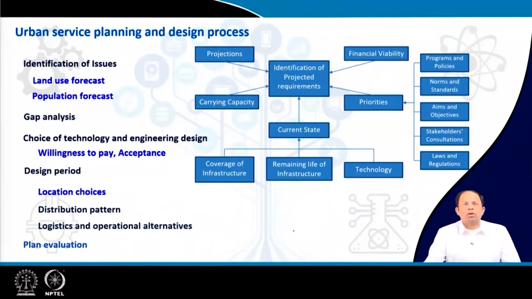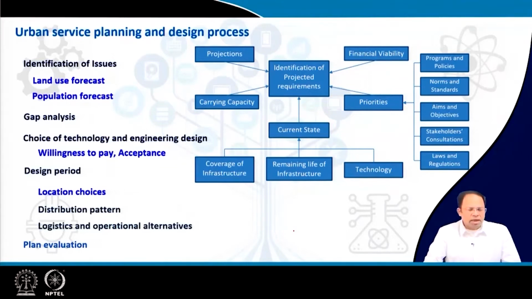Then what could be the choice in terms of technology and the engineering designs that are available for that particular facility or service. Then willingness to pay and acceptance by the people, how to measure that, we have learnt about that, and we have also talked about the design period of this kind of projects.